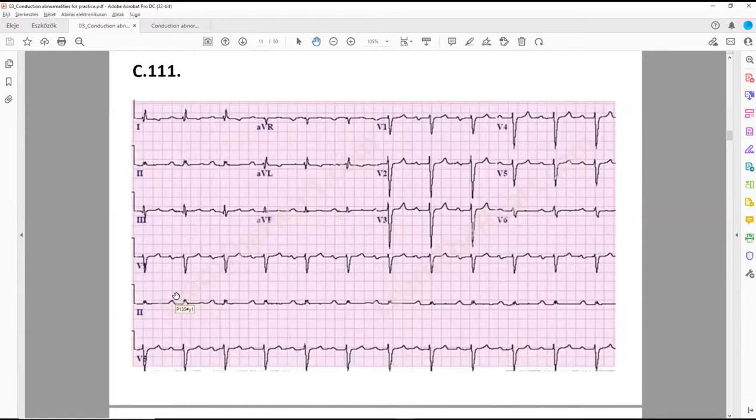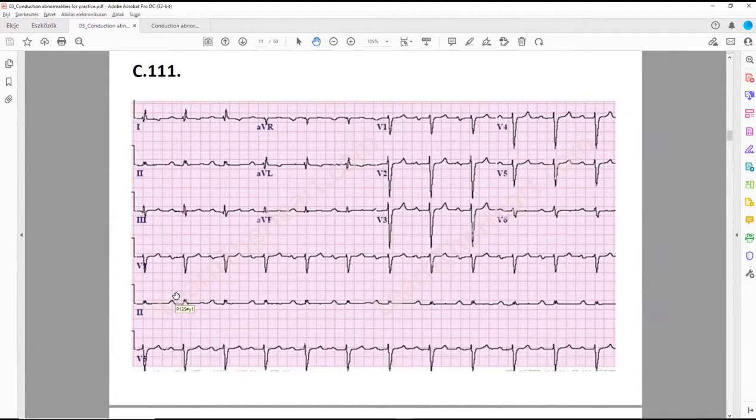111. Who has this? This is mine. Okay, so it's rhythmic, and the heart rate is 75 BPM. But the PR interval is longer.